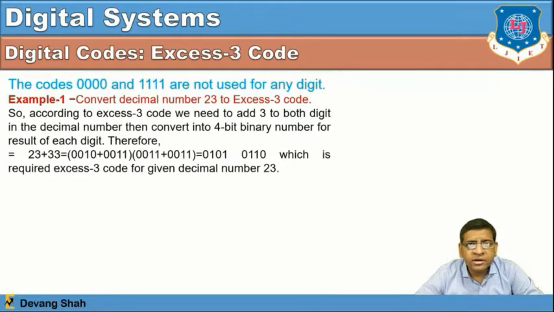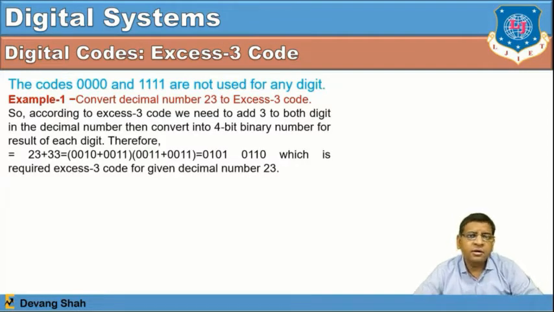From least significant digit to most significant digit. So you add 3 to each digit, and the answer is 56. Then this 56 you have to convert into binary form, right? So once you add plus 3, it becomes the excess 3.